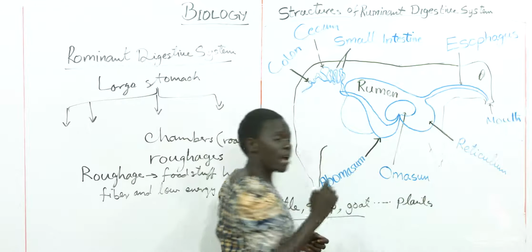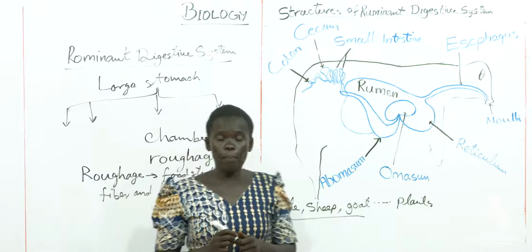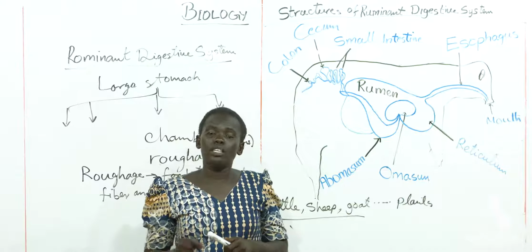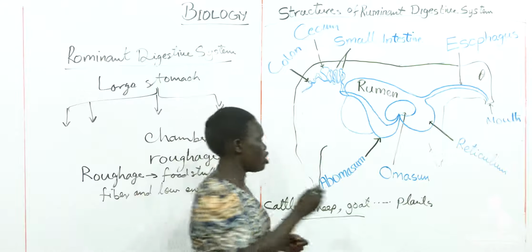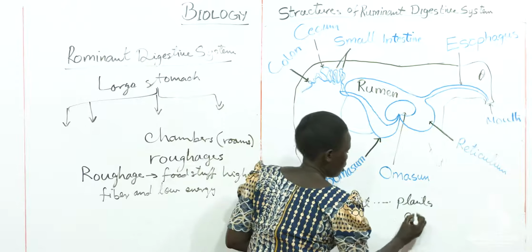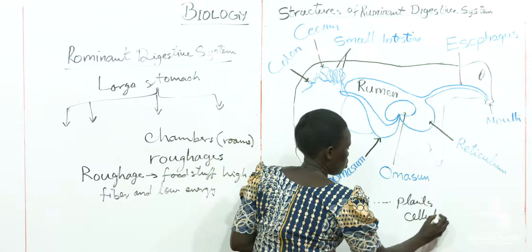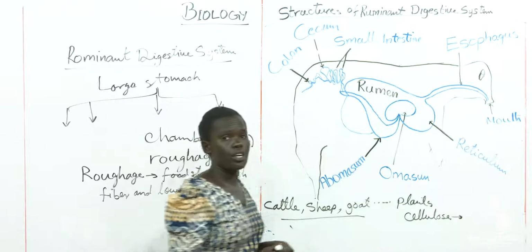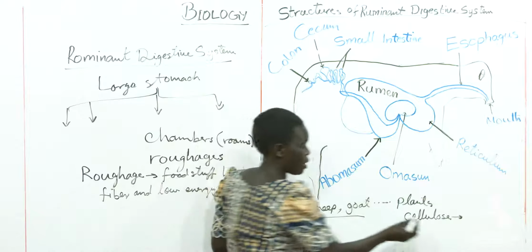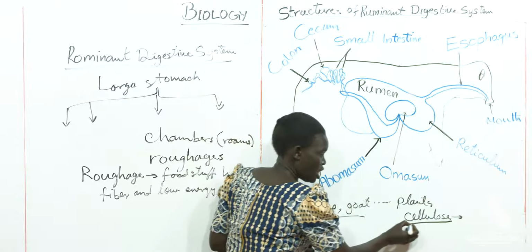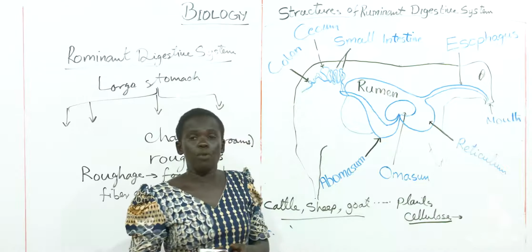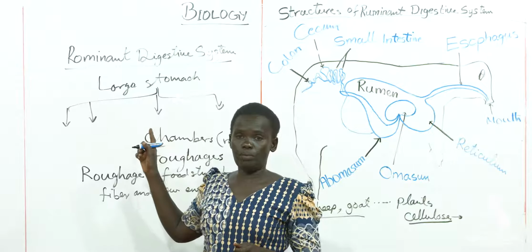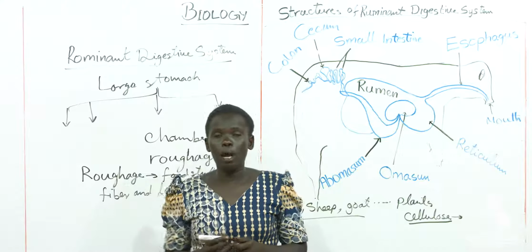In plants, we know very well the cells are surrounded by a cell wall. That cell wall is made up of cellulose. Cellulose is a very complex sugar. There is no enzyme that can digest cellulose in the body of animals, specifically mammals.